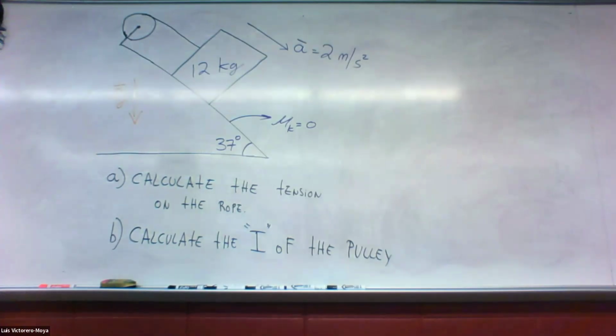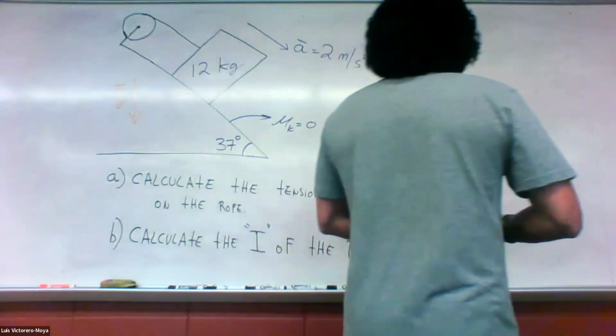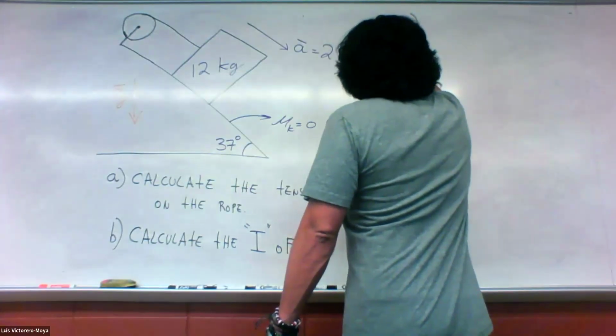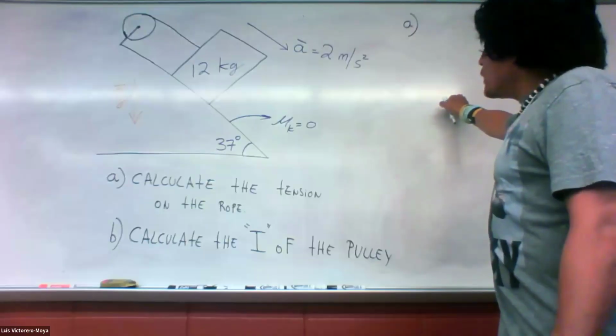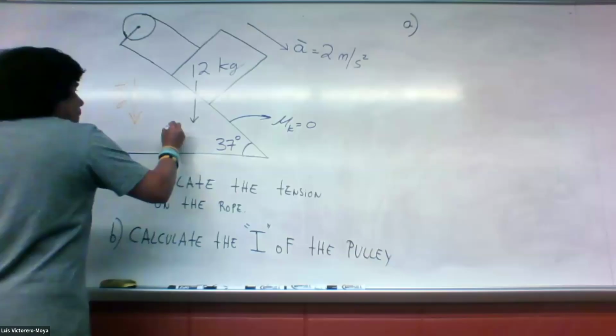All right, guys. Anybody found the tension? 47. How do you do it? What do you do? I did mg sine 37 minus tension equals ma. Yeah.